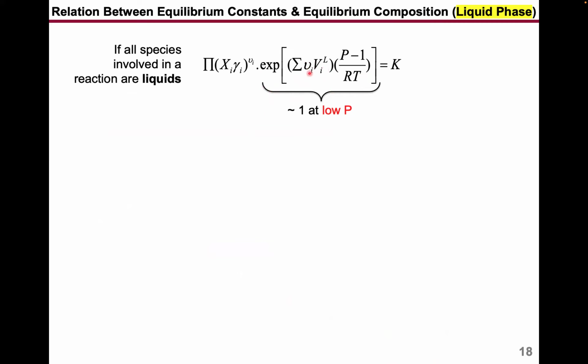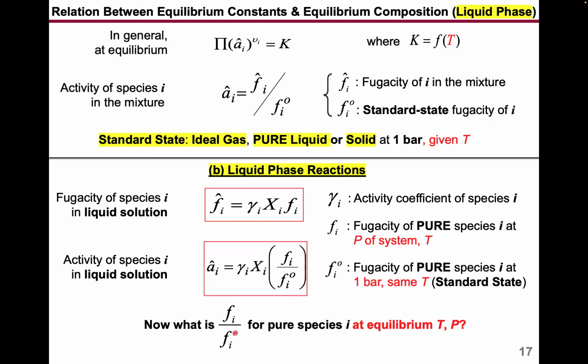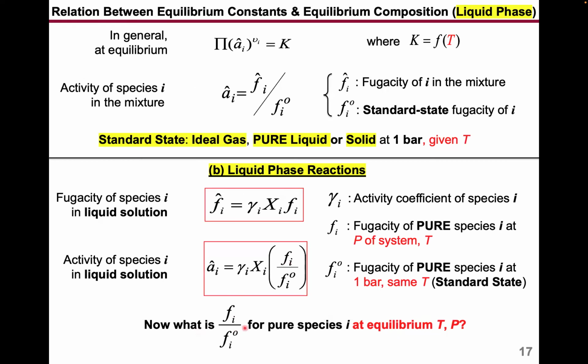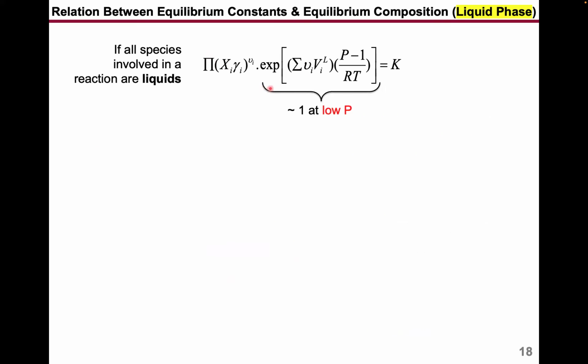If you are interested in how you get this, you can read the additional slide. But basically, that's the result. After calculating this, you plug it back in here, and once you have this alpha i, you plug it back into this equation. What you get eventually is this whole thing for liquid phase reactions.